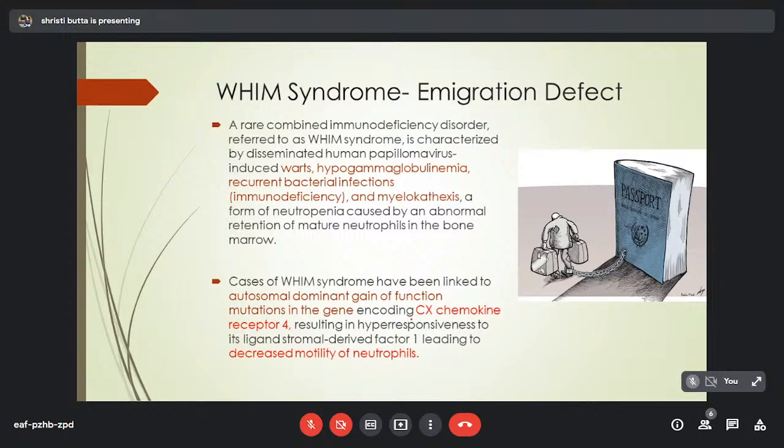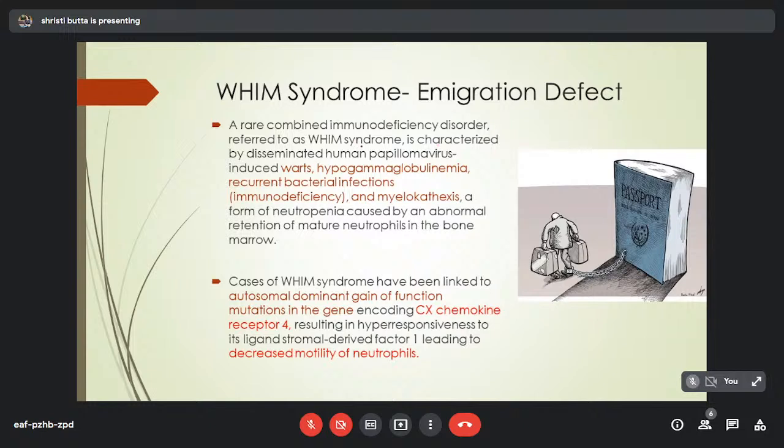CXCR4 expressing neutrophils are retained in the bone marrow because of the expression of the stromal derived factor 1 by the bone marrow stromal cells and osteoblasts. And that results in a decreased motility of neutrophils, resulting in what is referred to as the emigration defect.